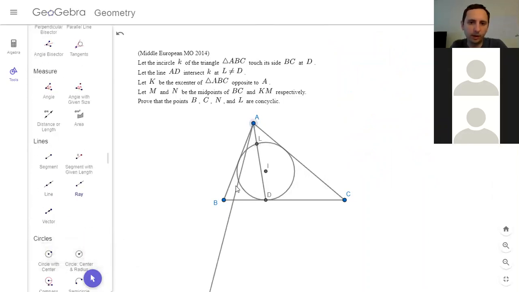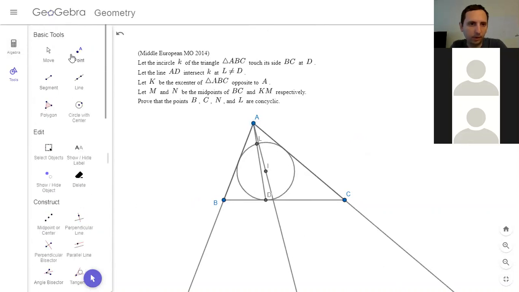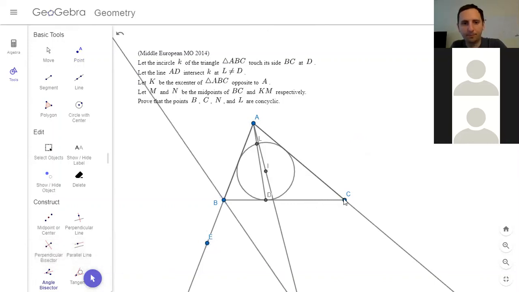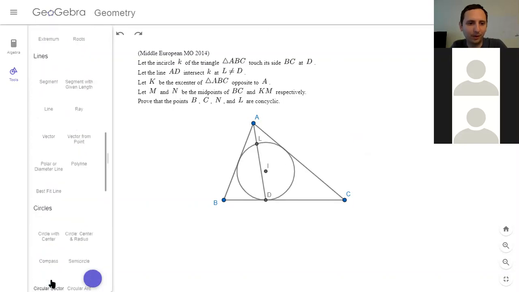So let me do it like this. Actually, with excenters, I like using the incenter-excenter lemma. That's kind of my favorite way to do it.